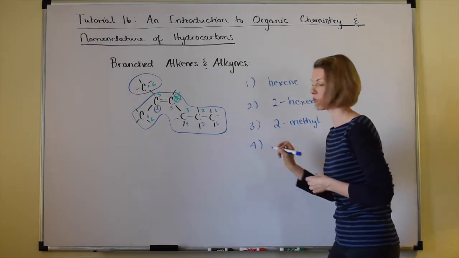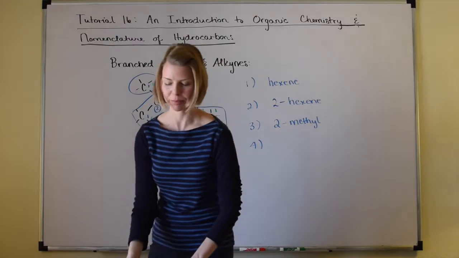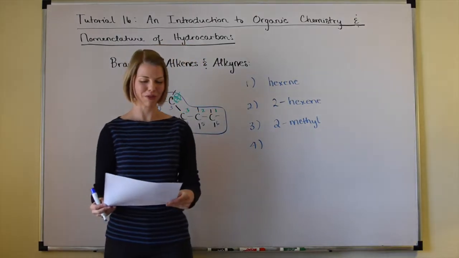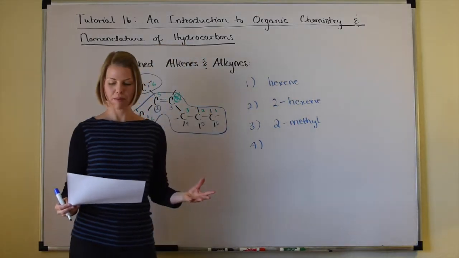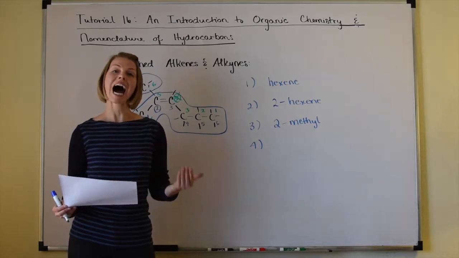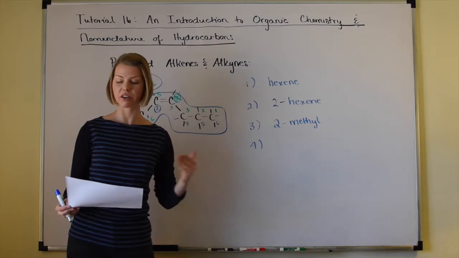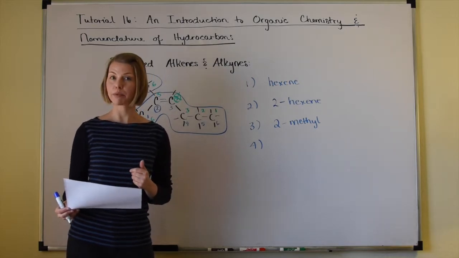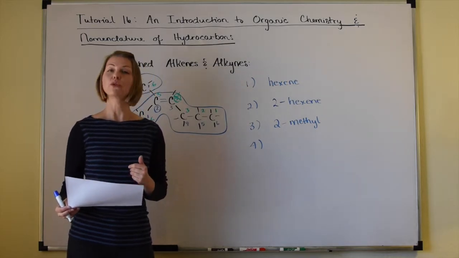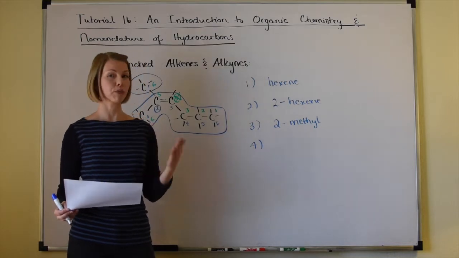All right, step number 4. And I'm going to go ahead and read this because again, there's a lot to number 4. Write the full name as one word. Use hyphens to separate numbers from prefixes, so numbers from letters. Use commas to separate numbers from other numbers. Use alphabetical order for any branch groups.